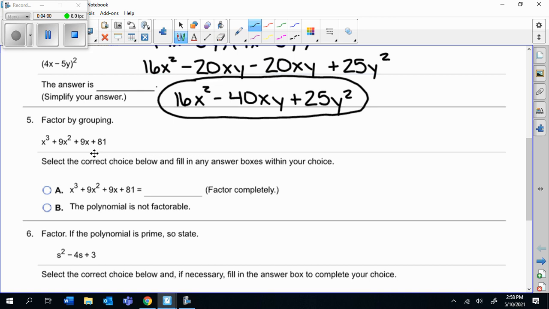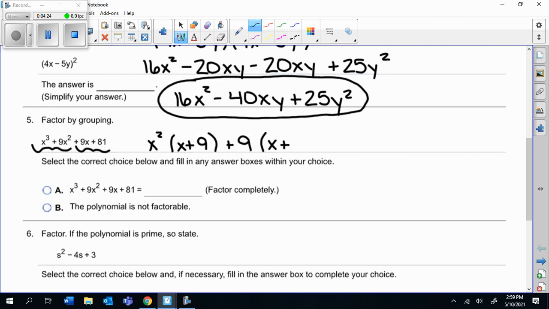Factor by grouping. You know it's grouping when it has 4 terms. So we're going to GCF the first 2 terms, GCF the second 2 terms. So in the first 2, I can take out an x squared. I'm left with x plus 9. Between 9x and 81, I can take a 9 out.